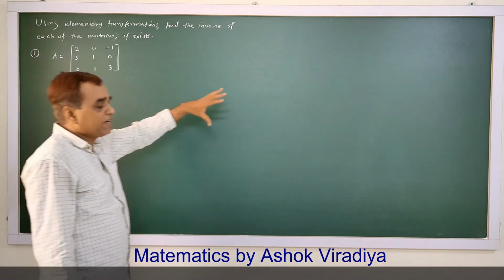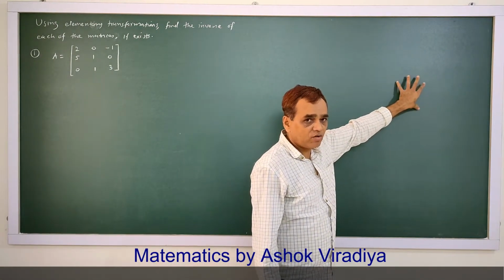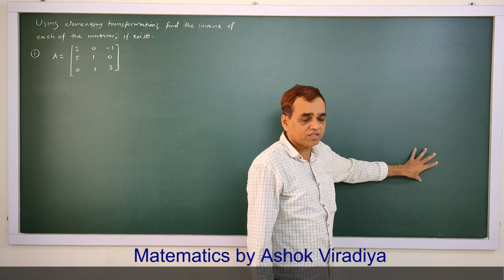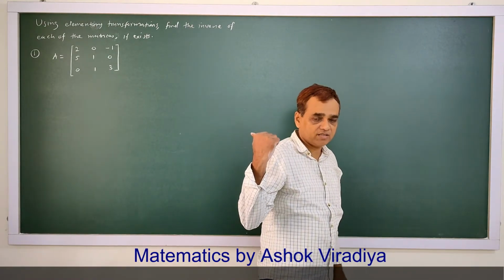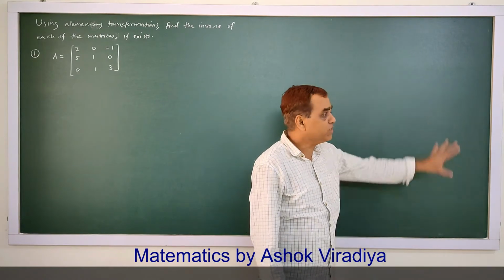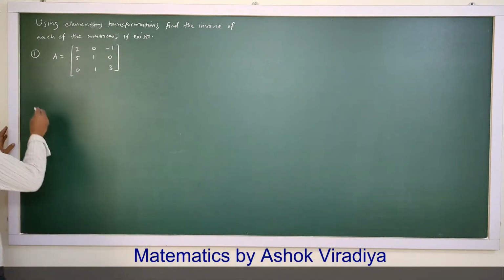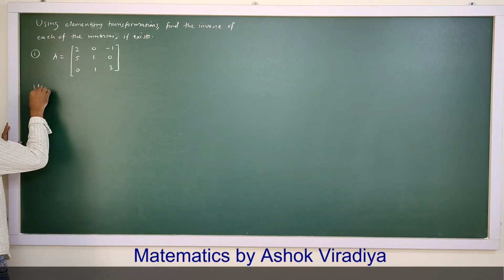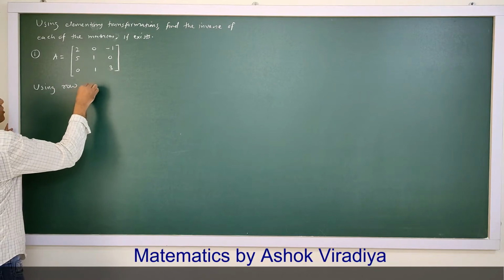Now, just I explain. Using row operations or using column operations, we can obtain the inverse of a matrix. So first I explain using the row operations. So method 1, here explaining using row operations.